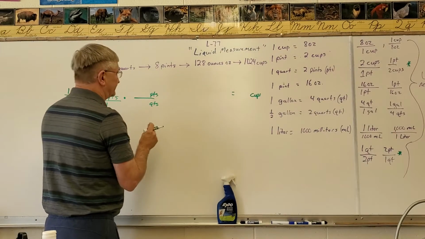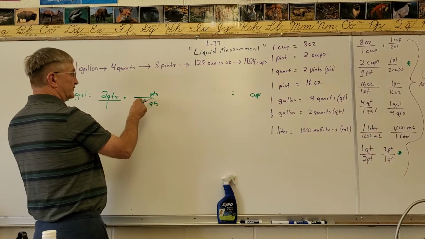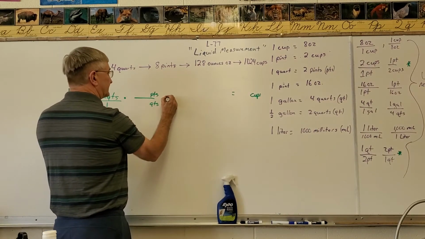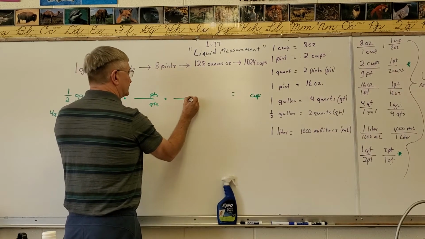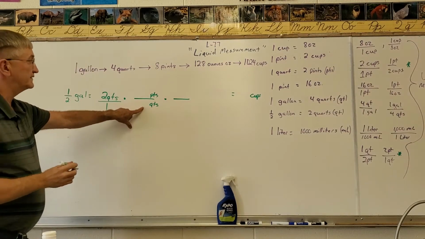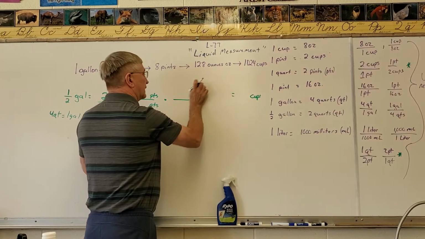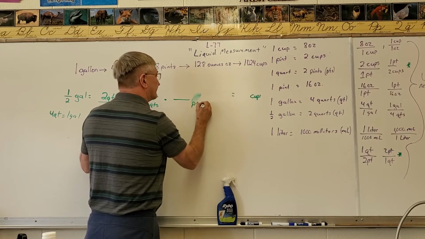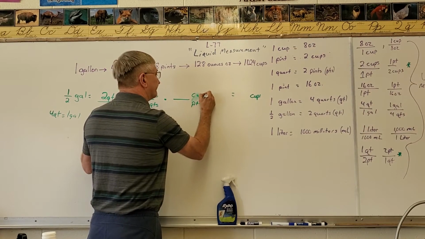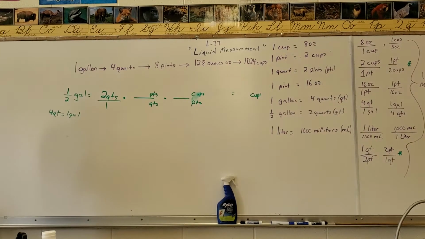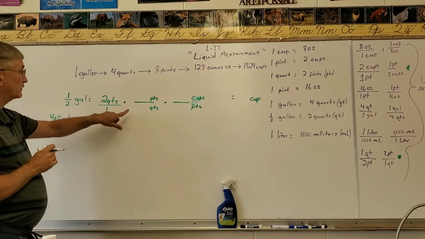Then I'm going to keep going. From pints, I'm going to go to cups. Oops, I put it on the top. Sorry about that. Pints to cups. We're setting up this whole unit multiplier to get it all set up correctly for you.